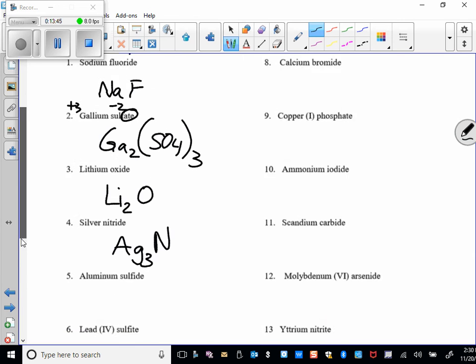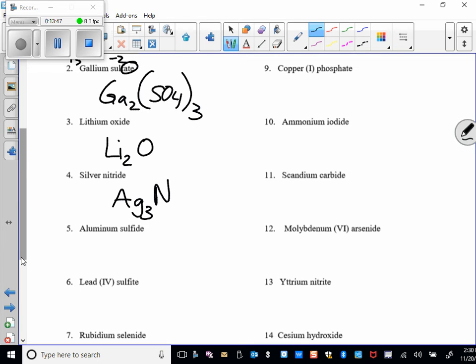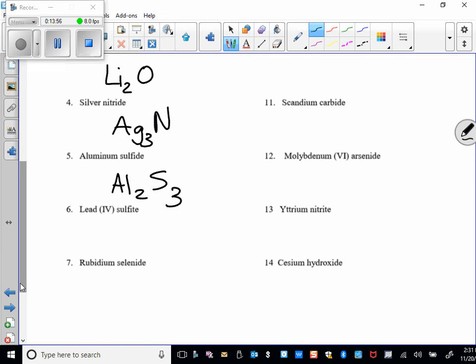Ariana, what is the answer for the next one? S3, that is correct. Let's do this slowly. So this is Pb and it's a +4. It's a sulfite, right? So it's a polyatomic ion, correct?